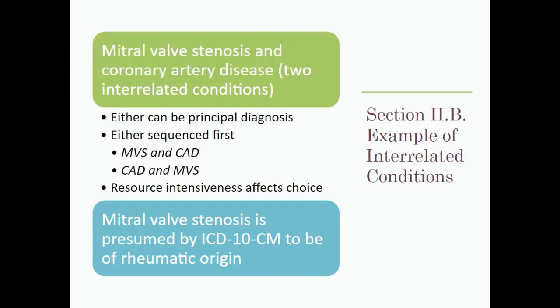So we're going to talk about mitral valve stenosis. This is an example of an interrelated condition. Mitral valve stenosis and coronary artery disease are two interrelated conditions. Either can be principal diagnosis, either sequenced first. Either MVS, which is your mitral valve stenosis, or your CAD, or CAD and mitral valve stenosis.